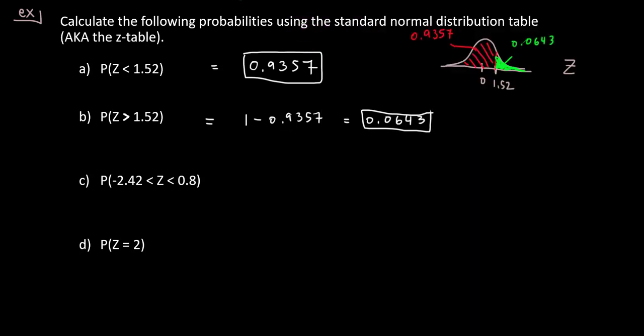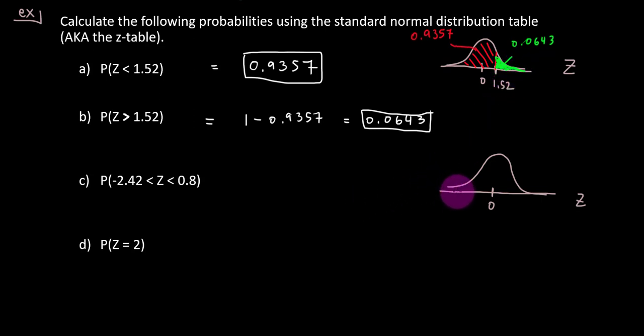Let's look at part C. This, I better draw a picture. This question, notice it has a compound inequality. This is a region that's not bounded by the left side or the right side. It's an in-betweener.